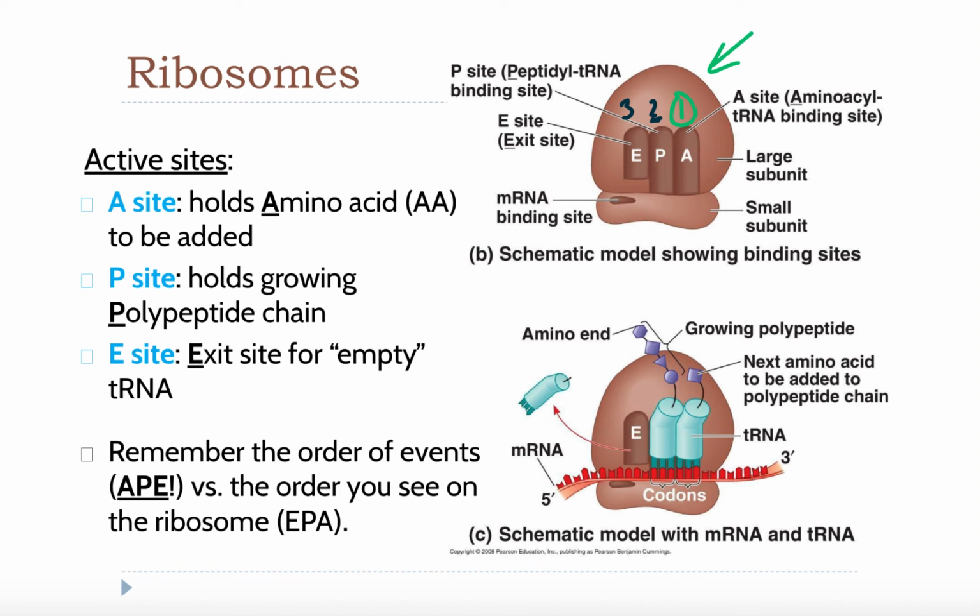And then the P site is where the main protein is held. And then once it all shifts down to the E site, that's when the amino acid has been popped off the tRNA, and the tRNA is emptied out, and it can then be released.